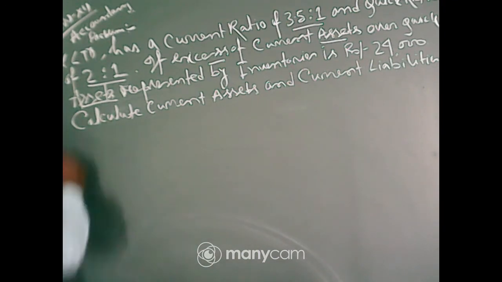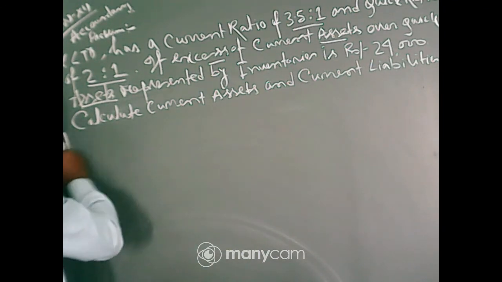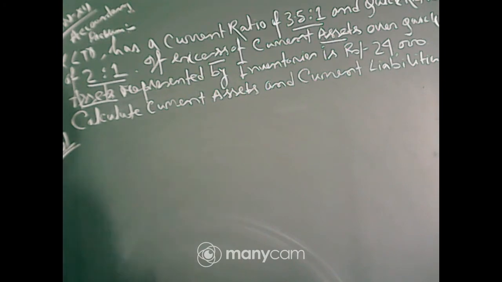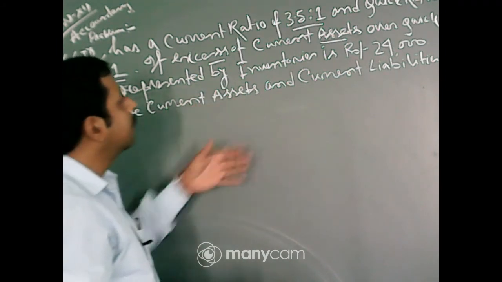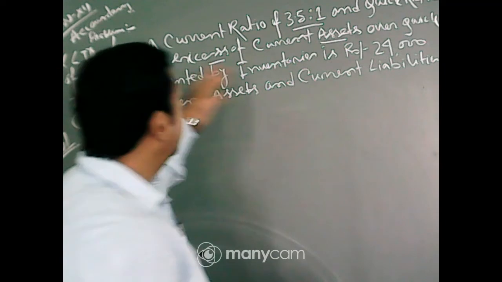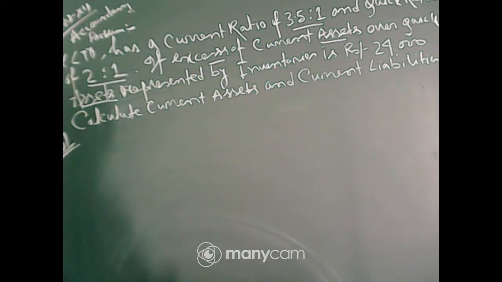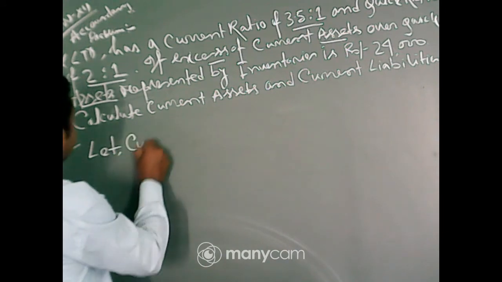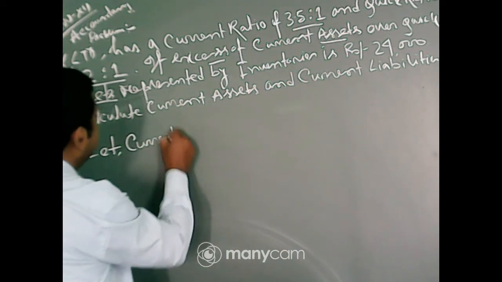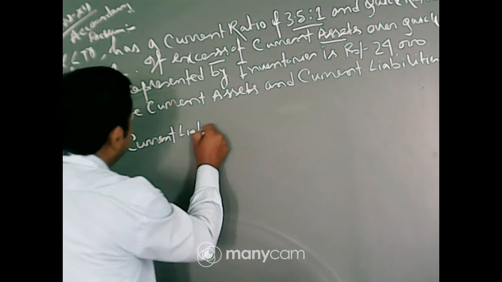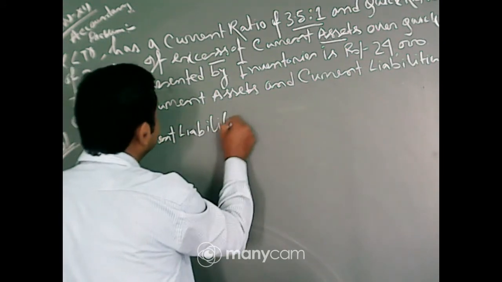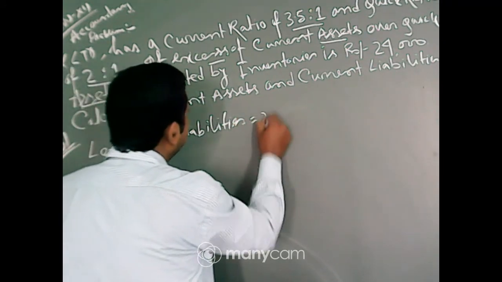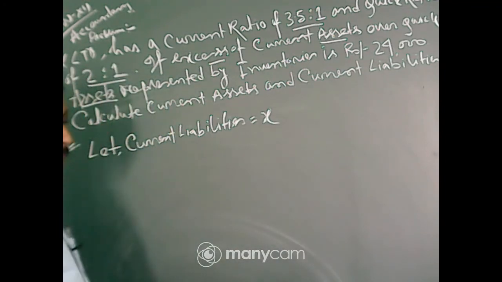Okay. Now how can we solve that? Now solution. First of all, there is no figure given here except inventory. So first you have to let current liabilities equal X. Why current liabilities?